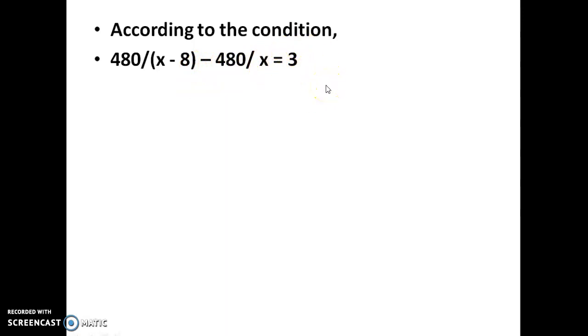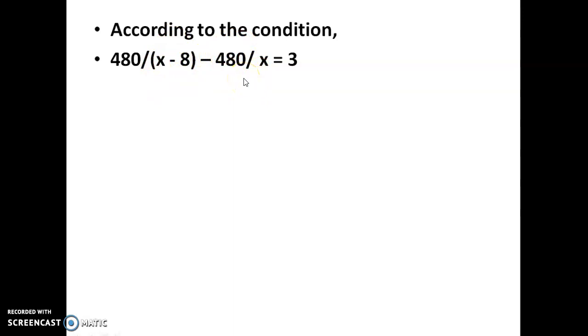Then we can simplify now. We have to take the LCM for both the denominators. So x minus 8 and x are in the denominator. How to take the LCM? We just cross multiply. This x has to be multiplied with this numerator, then this denominator x minus 8 has to be multiplied with this numerator.